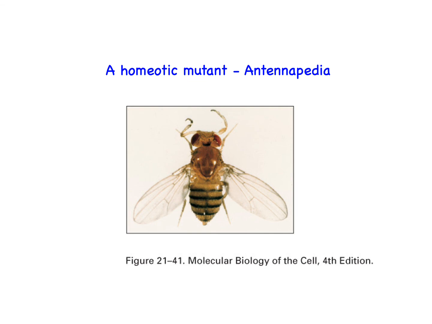What's happened is a chromosomal rearrangement that brought the coding region for the Antennapedia gene next to a control region that turns genes on in the head, so you get expression in the wrong place. Of course, if you knocked out the Antennapedia gene, that would be lethal. But this is a dominant mutation that causes a homeotic change, in other words, a change in the structures present in a particular region of the fly.